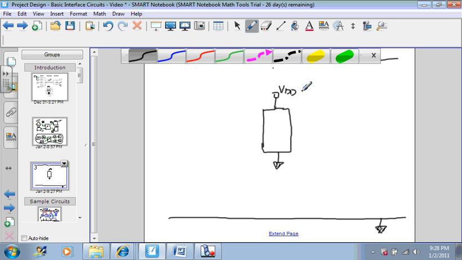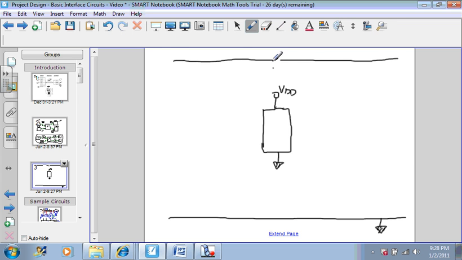And once again, I know that means it's connected to here, which is VDD, and this here, which is ground, or we can call it VSS. There are many designations. You might also see VCC, and you might see VEE.